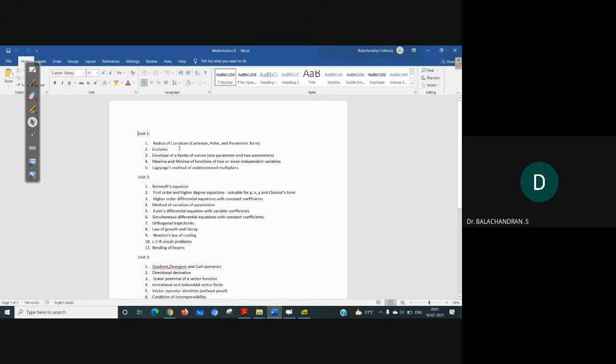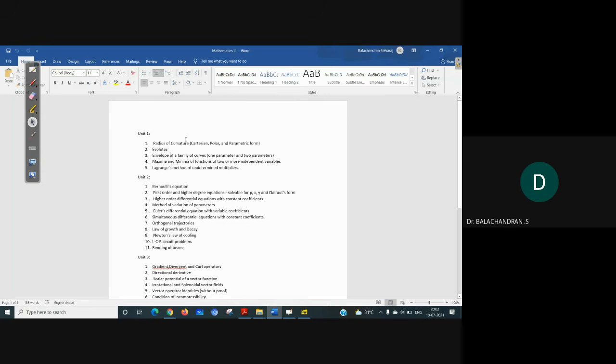So please concentrate. There are 5 sections in the first unit. One is radius of curvature: Cartesian, polar, parametric. Another one is evolute, another is envelope, 1 parameter and 2 parameter, and then maxima minima of function of 2 variables, and Lagrange's multipliers method.